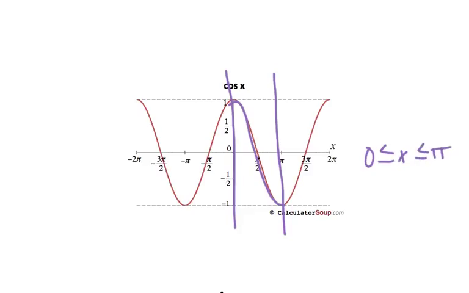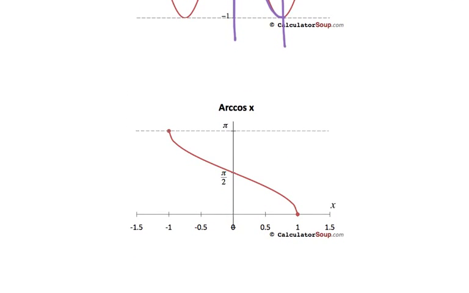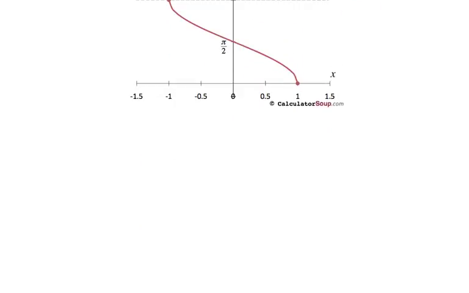So its inverse will look like this. Notice that the graph, when you do the inverse, the output now goes from 0 to pi, and the input still goes between 1 and negative 1. We denote it by arc cosine, or we write it like this. It also has cancellation properties.